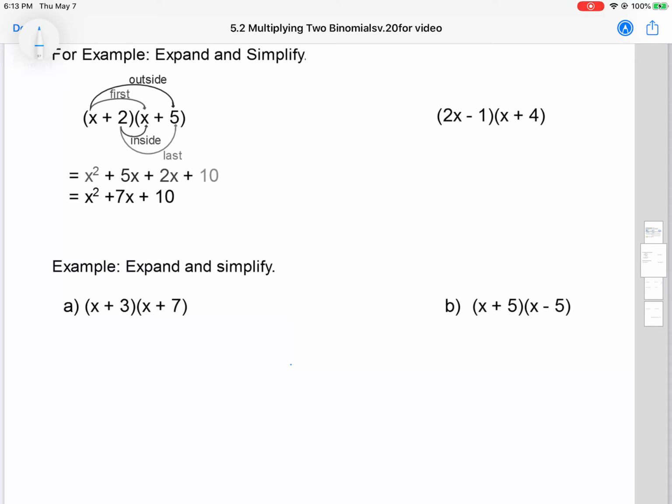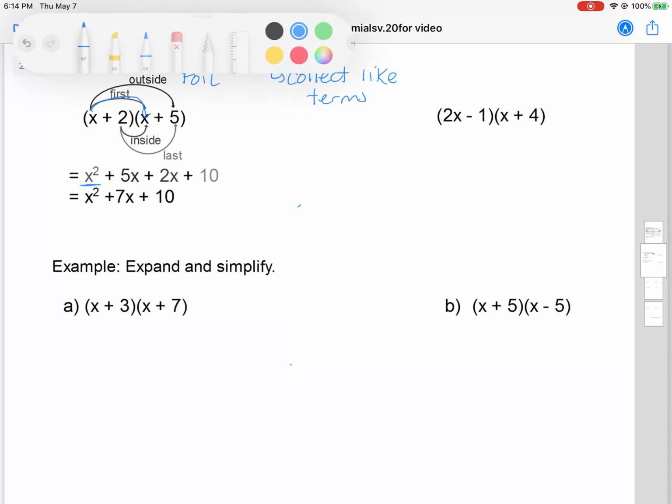So we're going to expand, which is the FOIL part, and simplify, which means there's always going to be two terms in the middle that we have to collect. Usually we use x, but not always. So in all our examples, there's going to be two x terms. So you can see here, we did x times x and got x squared.